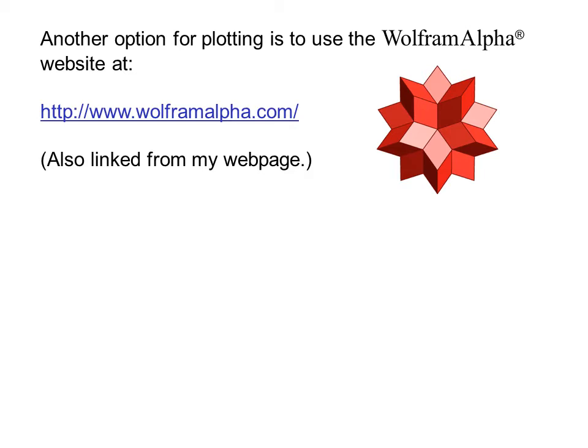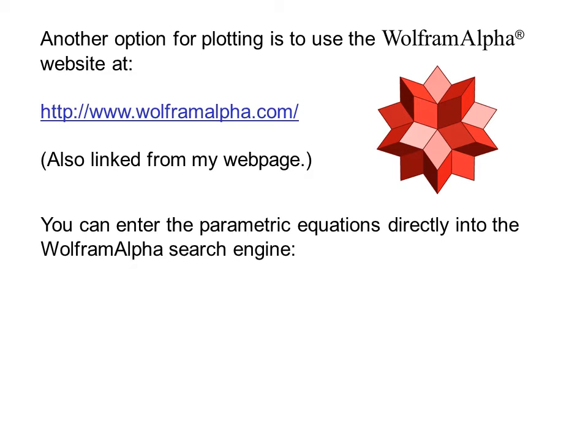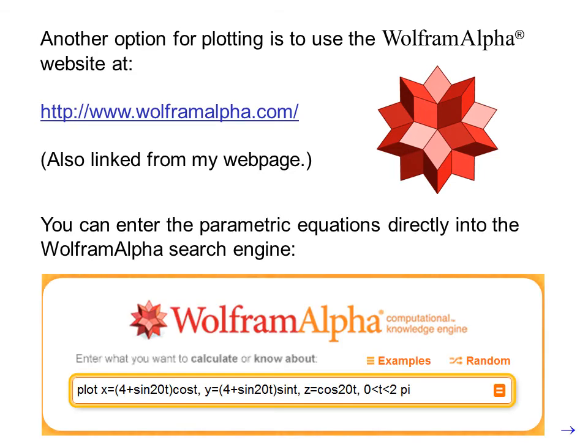Another option for plotting is to use the Wolfram Alpha website below. This is also linked from my webpage. You can enter the parametric equations directly into the Wolfram Alpha search engine as follows.